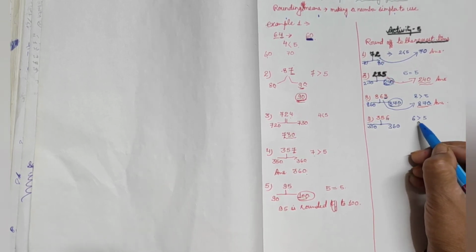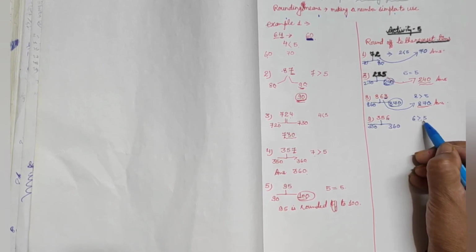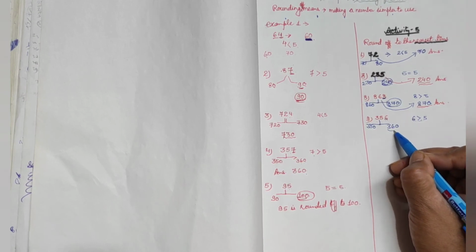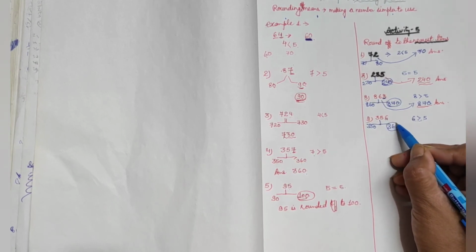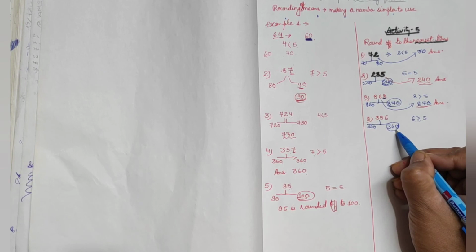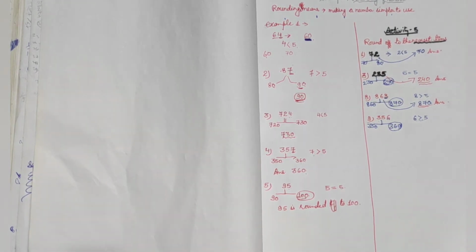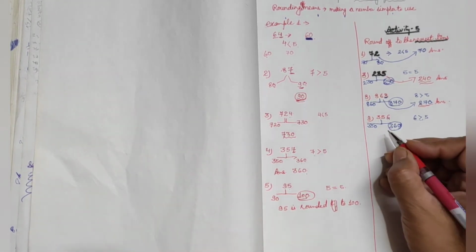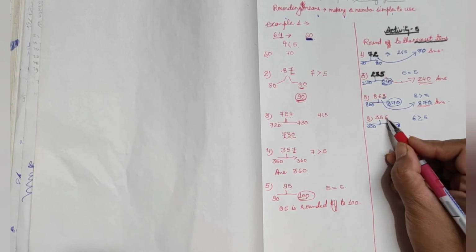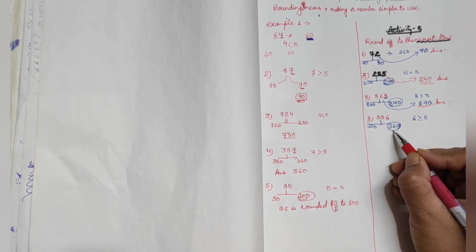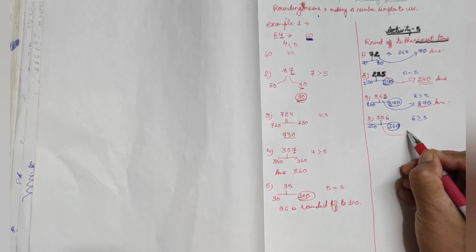And according to the rule, if the digit at the ones place is greater than 5, we round off to the upper number. And the upper number is 360. So 356 is rounded off to 360.